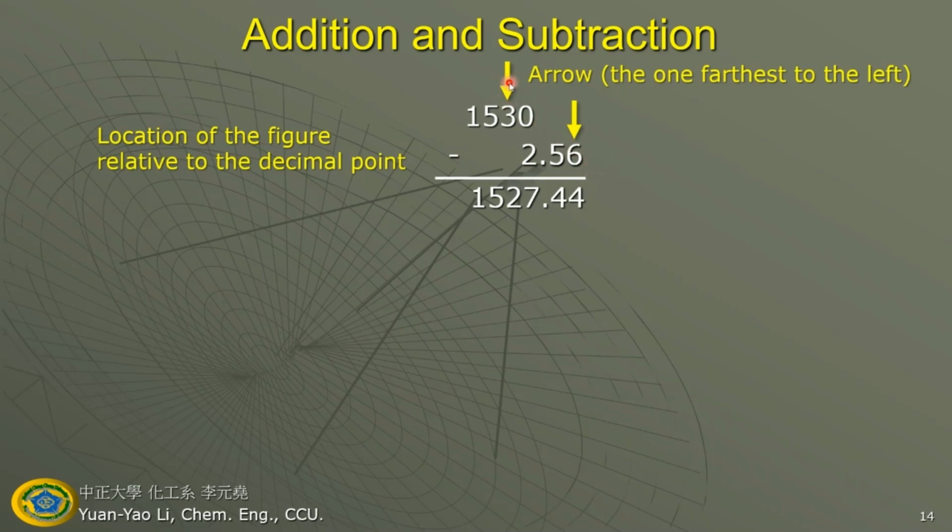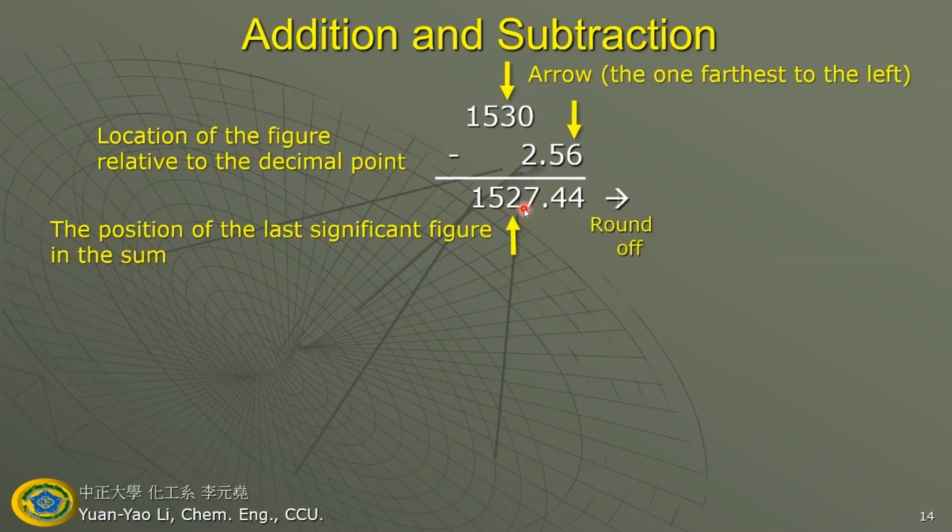Okay, and what you need to do is you choose this one. The position of the last significant figure in the sum is this one. So the answer you will get stops here, and for the next number, you do a round-off. Round-off means what?